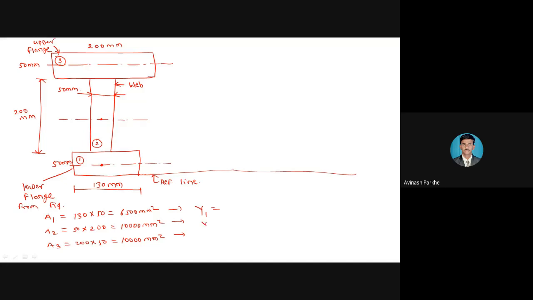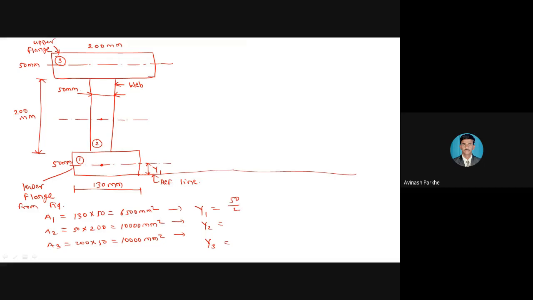So I have to calculate Y1, Y2, and Y3. From the reference line, what is the CG of section number 1? I have represented it on the figure. Y1 is equal to, yes, 50 divided by 2.